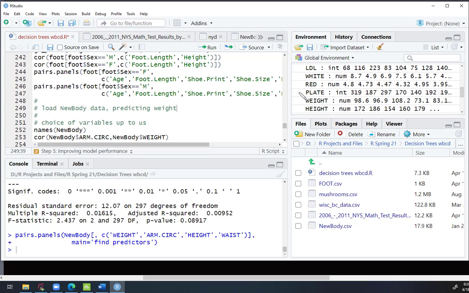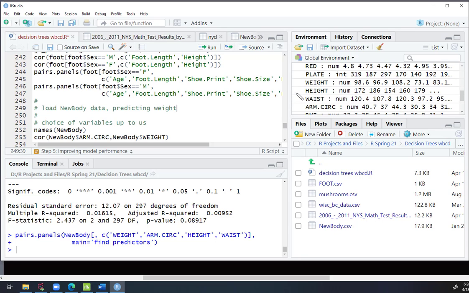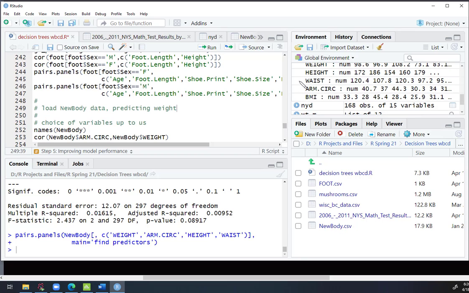So that's sort of one subset right there of the data in this data frame. Now, body measures are the rest of the data features here. So we've got weight and height, the waist measurement, the arm circumference, and the body mass index. So that's the data set that I want to be playing with.